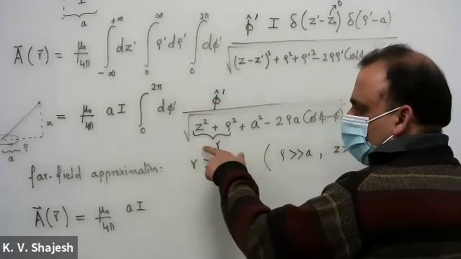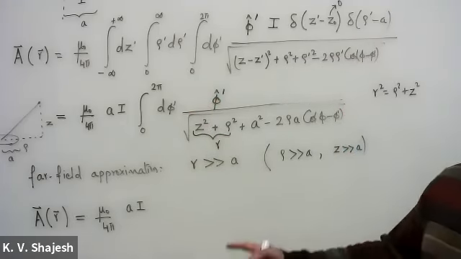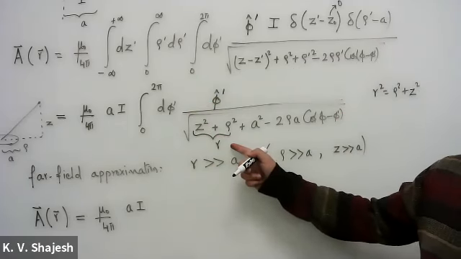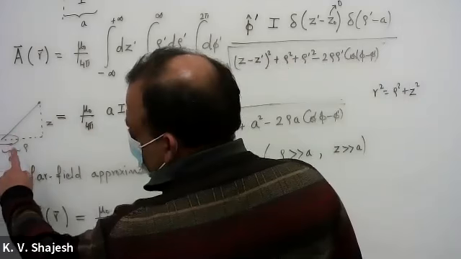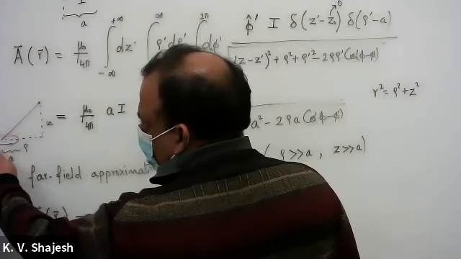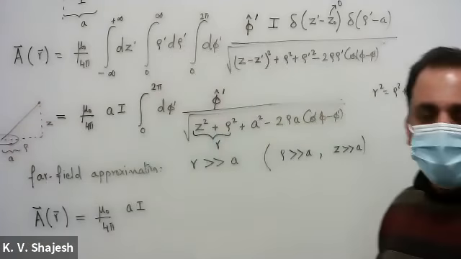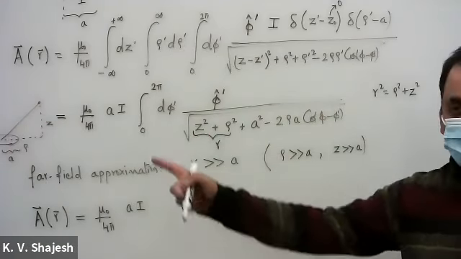This is a property of the observation point. The observation point doesn't care where my source is, where I am on the loop. So r I can pull out all the way.